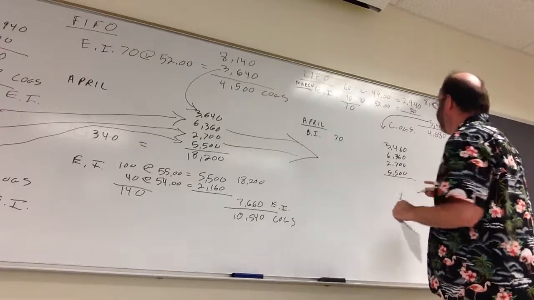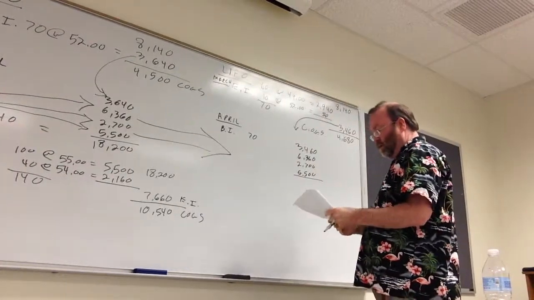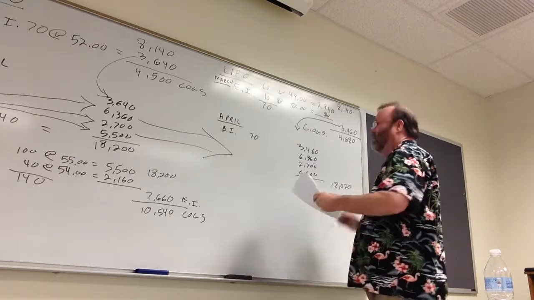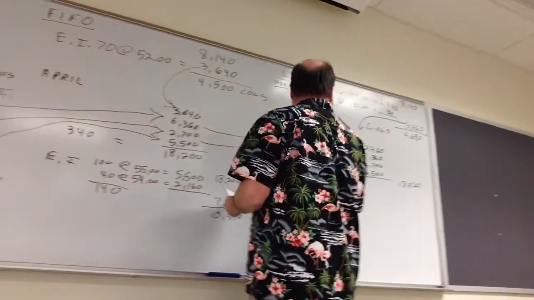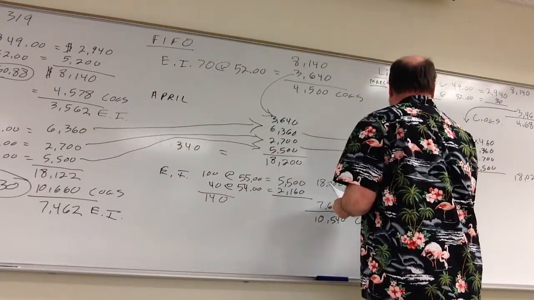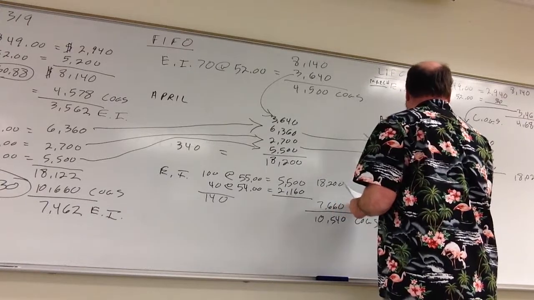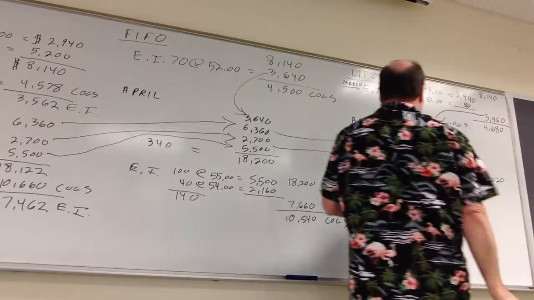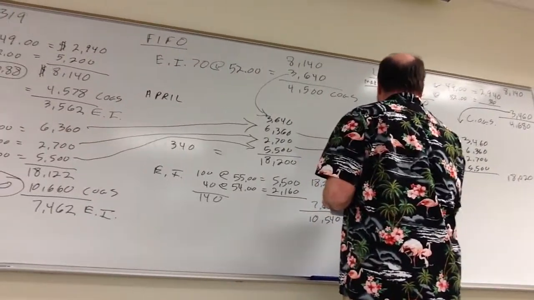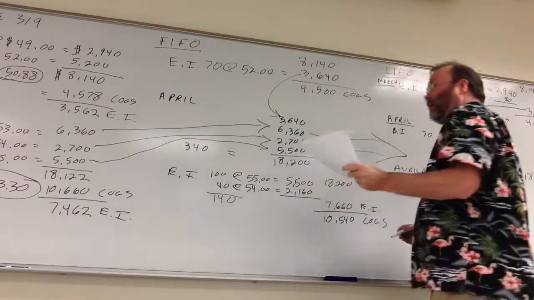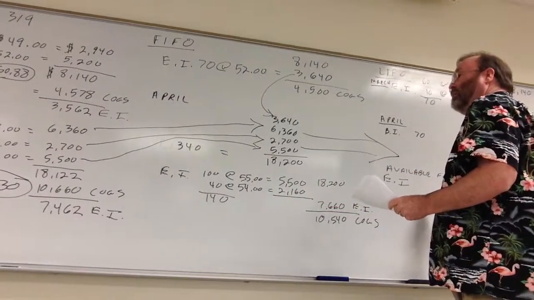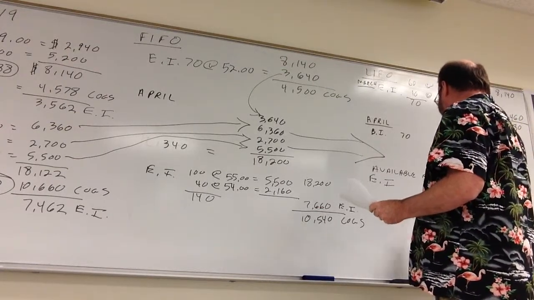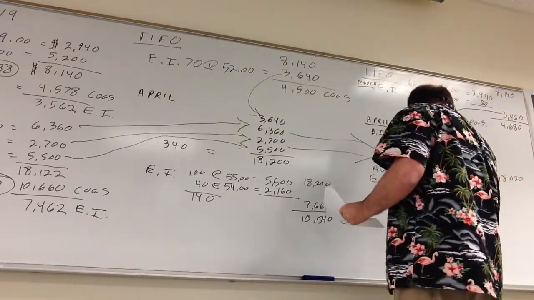And add all those together, and you're going to get a total of $18,020 as goods available for sale. So ending inventory is 140 units.